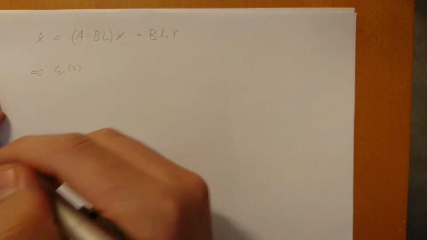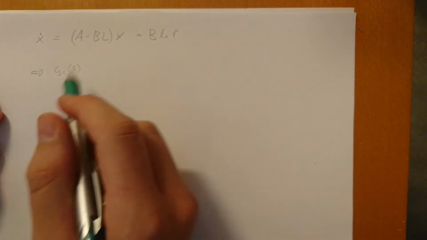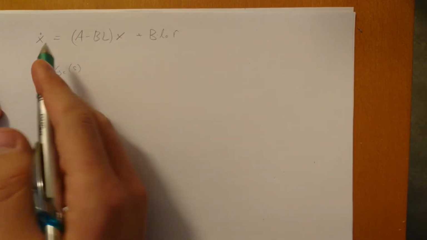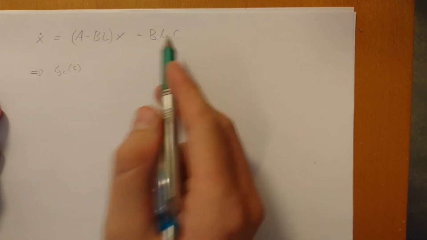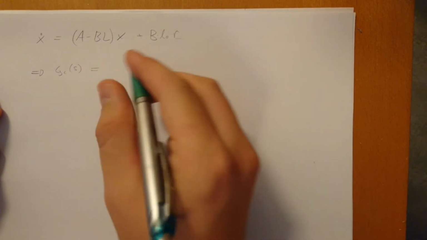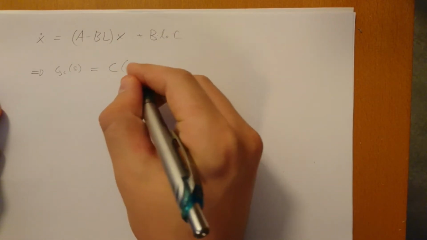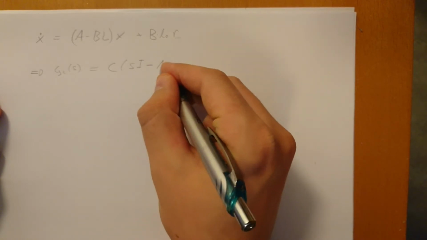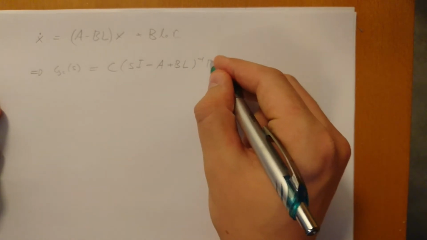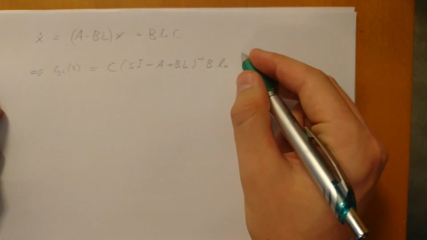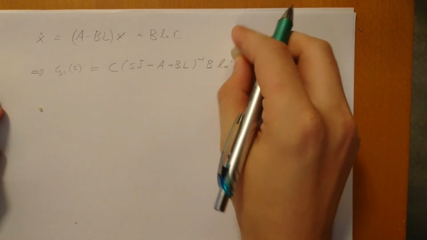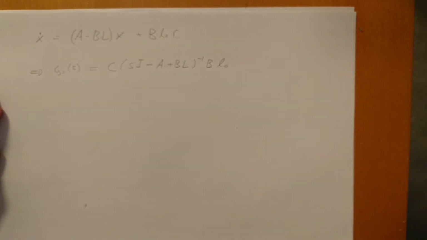You can derive that if you want to, just Laplace transform both sides, solve for x, and then multiply with C. That will give you y as a function of r here. And that's going to end up with the following expression. So it's C times sI minus A plus BL inverse times BL naught, and then this r. Oh, sorry, that is not a part of the transfer function, of course. It's just a reference signal.